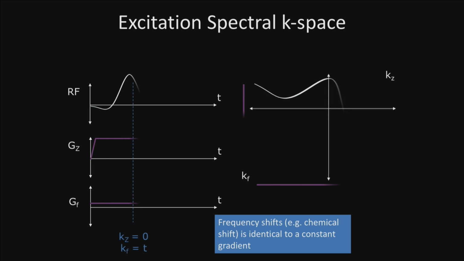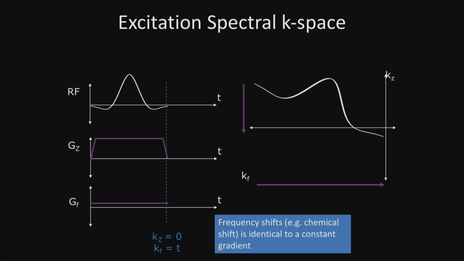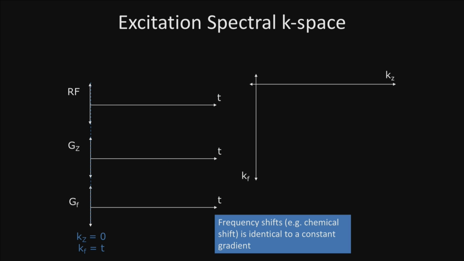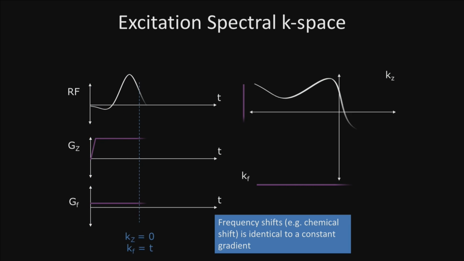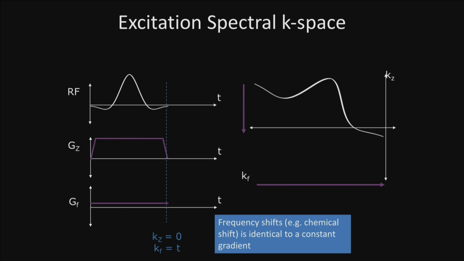So the concept of excitation k-space is that we can think of our RF pulse as playing out some pattern in k-space, and the effect on our magnetization is going to be approximately a Fourier transform of whatever pattern we're creating in our excitation k-space.